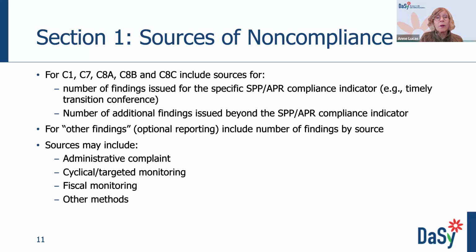Or if you're doing it under C8C, then you would do it specific for the timely services requirement. And then we also want you to include the numbers of additional findings, or those findings that we're calling related to the indicator, such as the IDEA related requirements that hopefully you've already begun to identify based on the other areas beyond the SPP APR that you are actually monitoring.